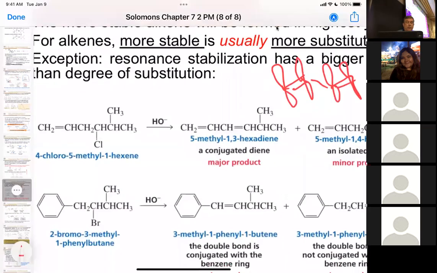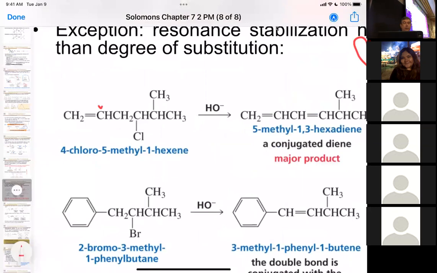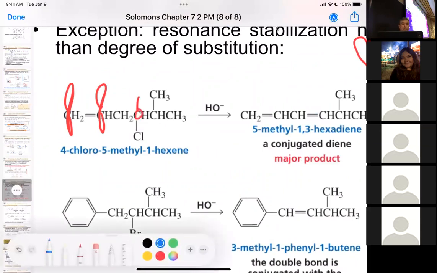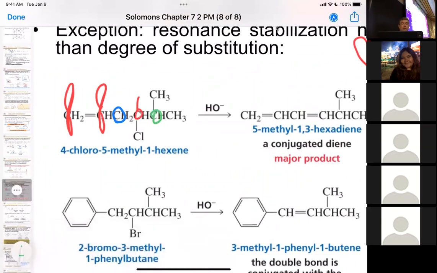So in the case here, we already have our pi bond here, and our chlorine is on this. So this is our alpha carbon here. Okay, that gives us two choices. That's the beta carbon here or the beta carbon here. Now, if we chose the beta carbon over here, that would give us a trisubstituted alkene.